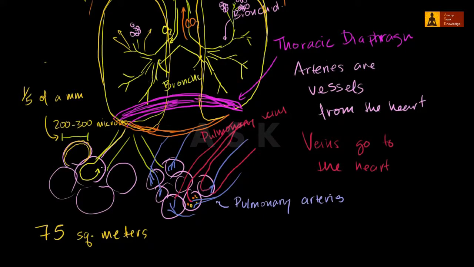But that's what gives us enough surface area for enough of the oxygen to cross the alveoli membrane into our blood system, and enough of the carbon dioxide to go back in. And just to have a sense of how many alveoli we have, I told you that they're very small. We actually have 300 million in each lung.